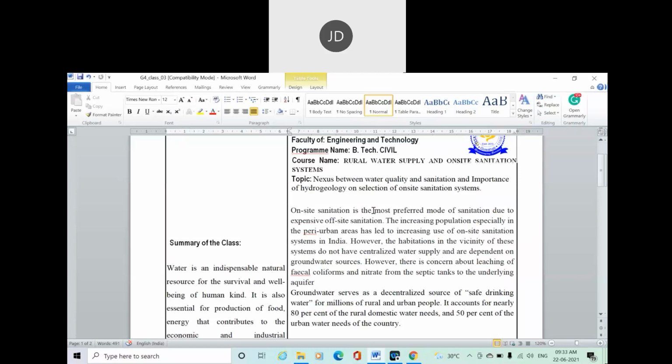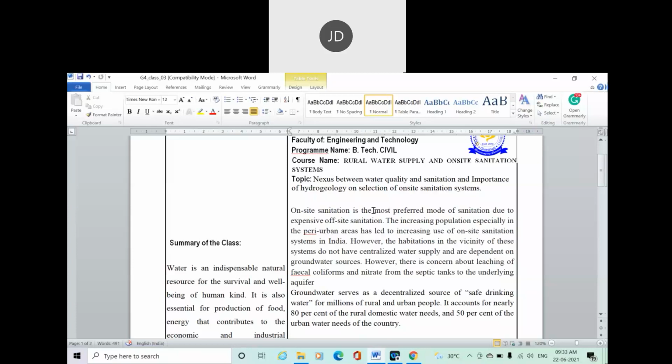When we discussed on-site sanitation, like the advantages and disadvantages, if you remember, I mentioned one thing, that is the groundwater. We should not allow contact between the waste coming from the pit latrine, or any kind of technique adopted in rural areas, and the groundwater.